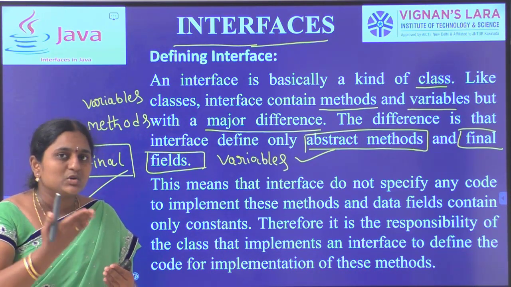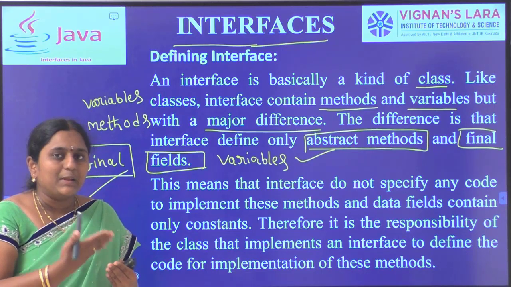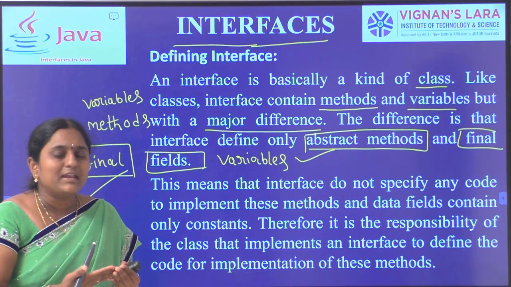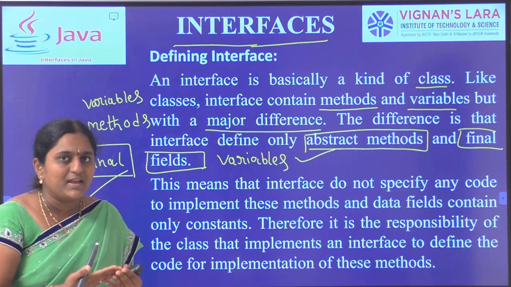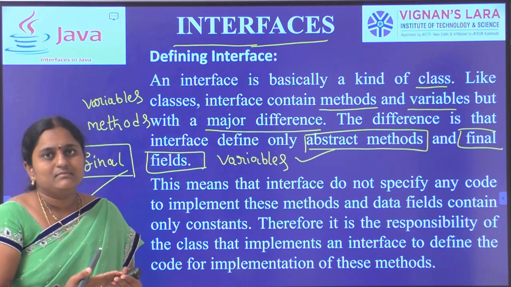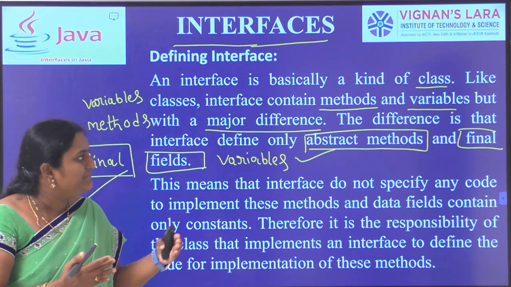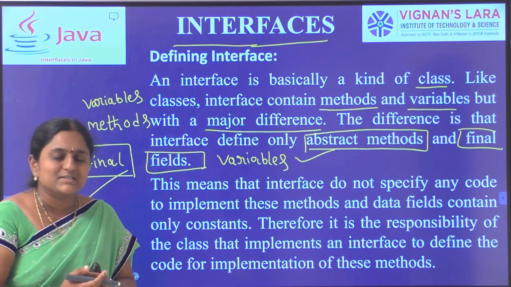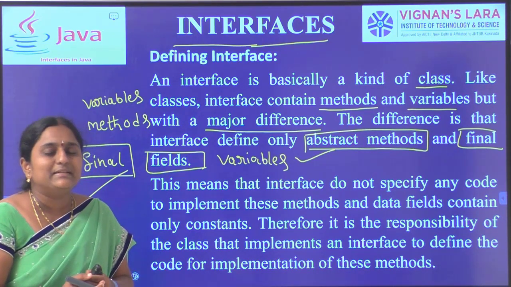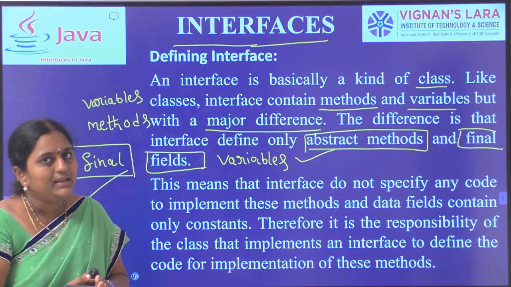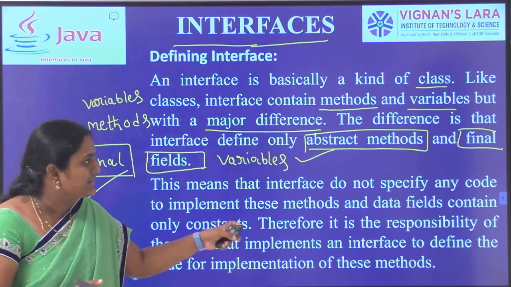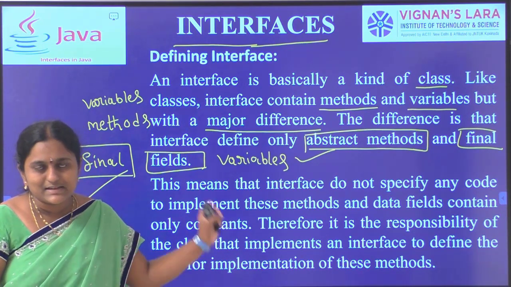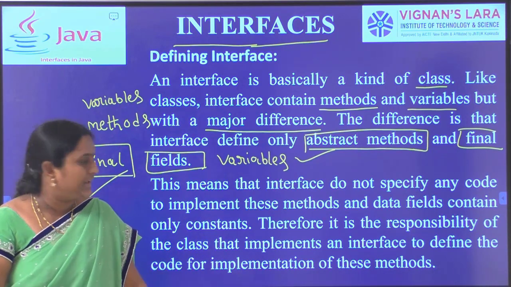But in an interface, all the variables defined must be final variables. Every method defined within the interface must have the public access specifier and contains only method declarations without any body. Simply, we can call them abstract methods. This is the difference between class and interface.